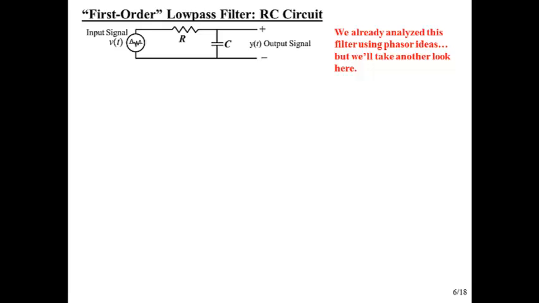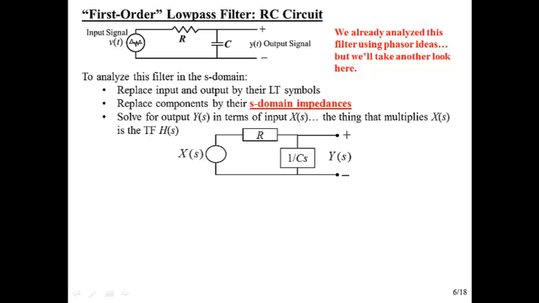So we've already analyzed this circuit a number of times throughout the course, and we've already seen that it is kind of a low-pass filter, but we're going to take a look at it here with some of our new tools. So just like before, we're going to do our S-domain analysis.